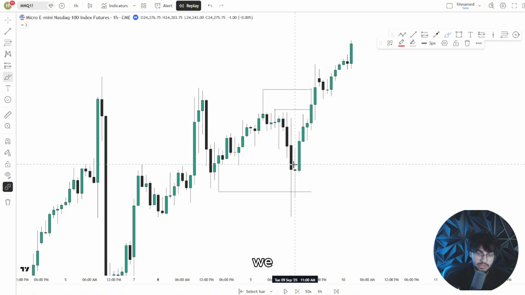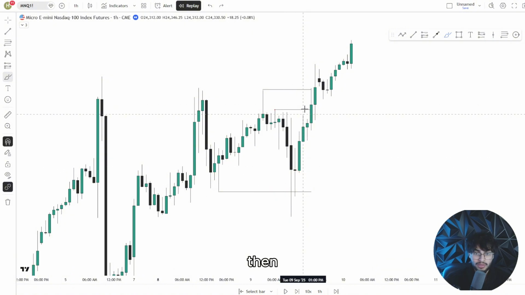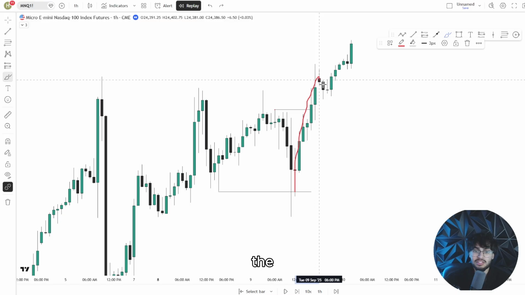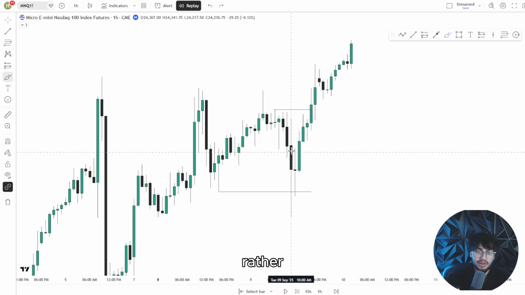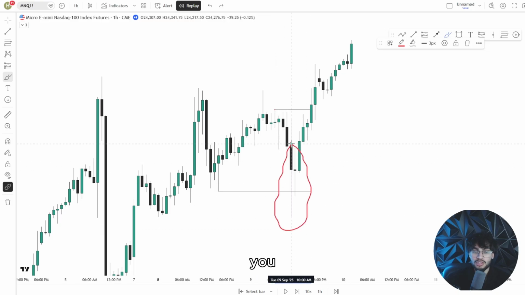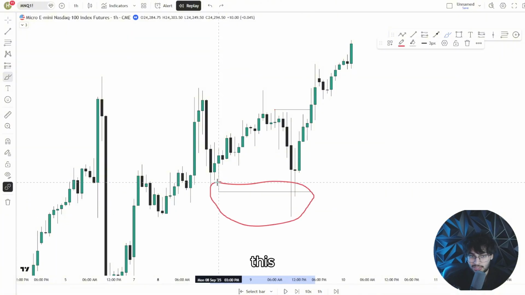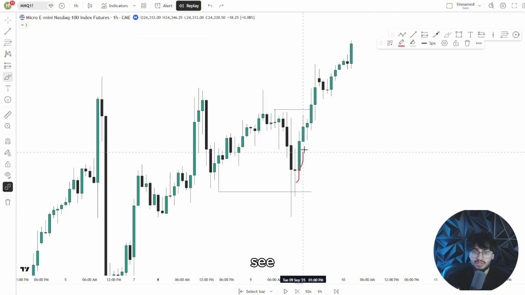So let's say we sweep this liquidity right here, and then we get a candle body closure above this area right here that confirms a market structure shift back to the upside. We can confirm that the market structure is actually bullish rather than any confirmations of significant candle body closures to the downside. Once you see price wicking liquidity points like this, you guys can understand we're going to see reversals.